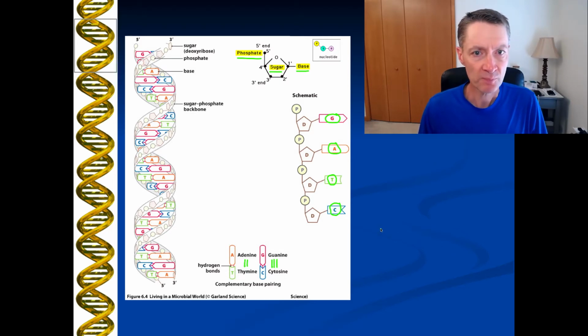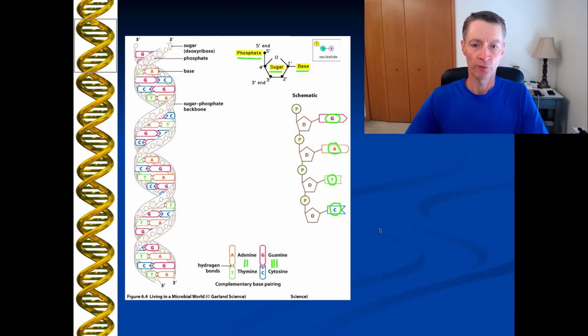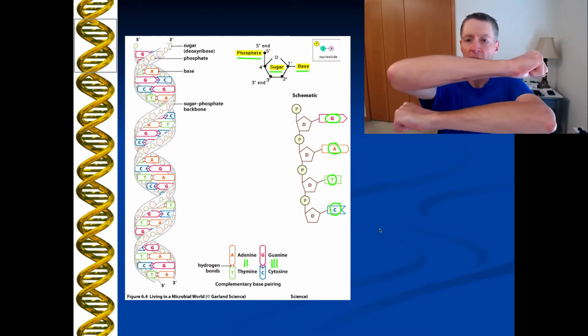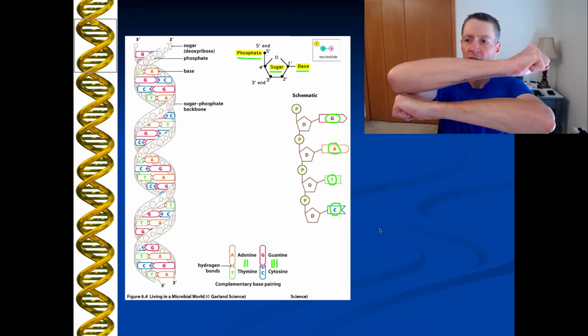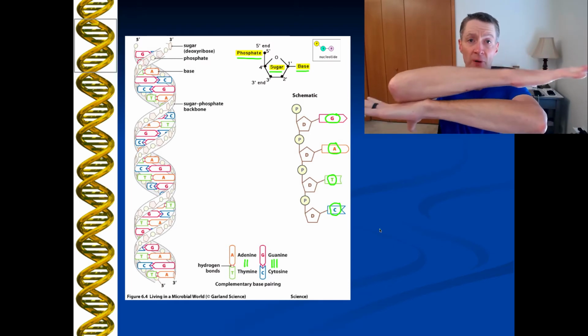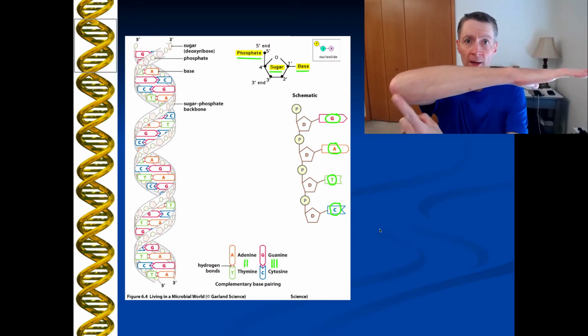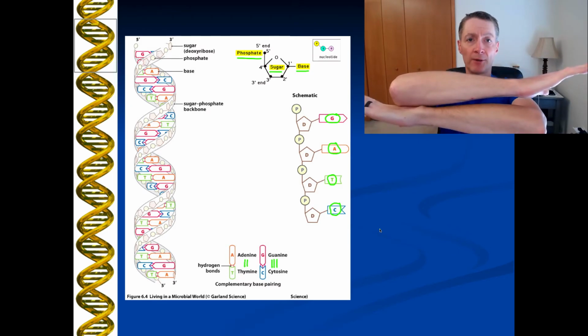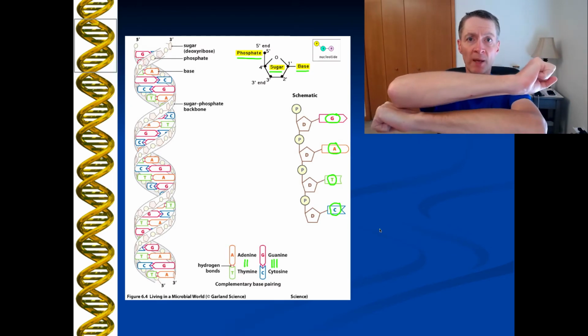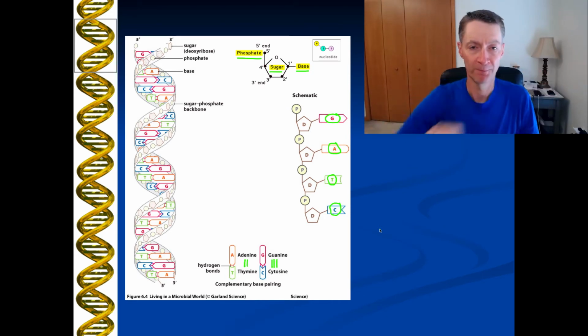All right. Now, what we do is we refer to the ends of these 2 strands. When the 2 sides of DNA bind together, we refer to 5' and 3' ends of each of those strands. So I always think of it this way, okay? If we've got my hands, 5 fingers on this side, 5 fingers on this side, there's a 5' end, okay? Where my elbow is, that would be the 3' end, okay? Now, what makes the 5' end 5 and what makes the 3' end 3?